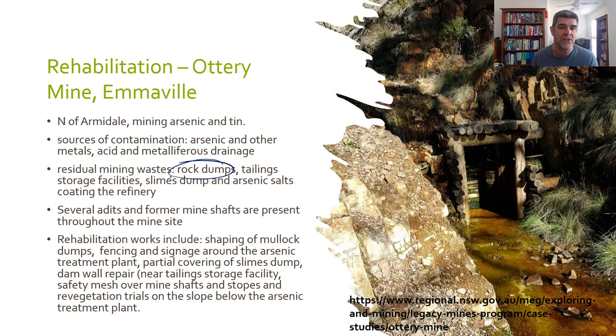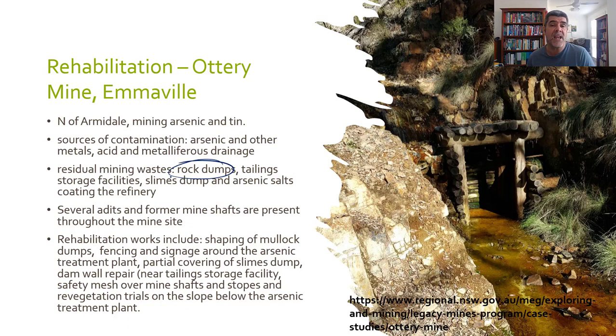They've again got to be stored somewhere. The slime dumps are basically the wet slurries that are being created. And the problem with arsenic is that these salts coated the old Ottery refinery and also the local areas where a lot of the processing was occurring for the products of this particular mine.